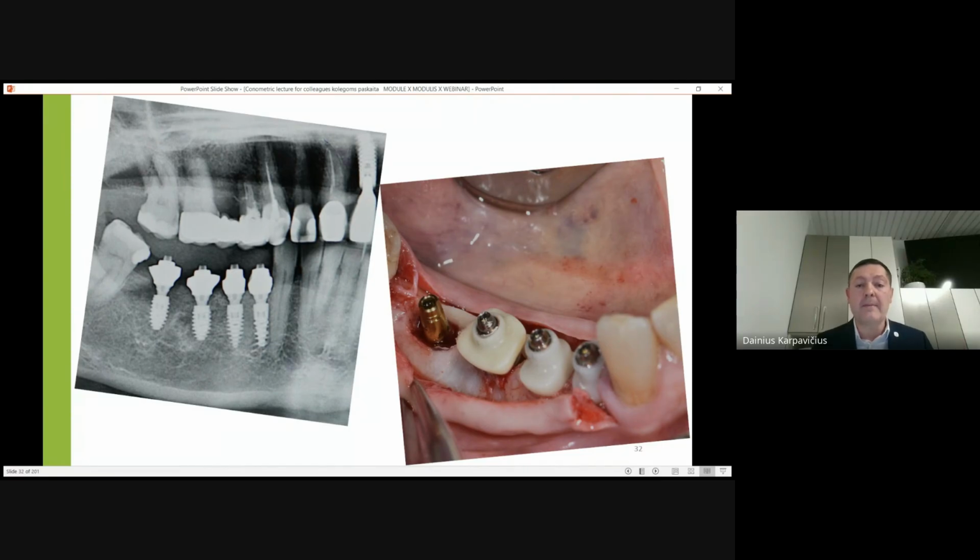Meanwhile, when the teeth had been extracted a long time ago, we have everything closed. Our individualized gingiva formers require preparing the bed for them, because if the bed is only rounded for the implant, it wouldn't be comfortable for seating this kind of gingiva former.